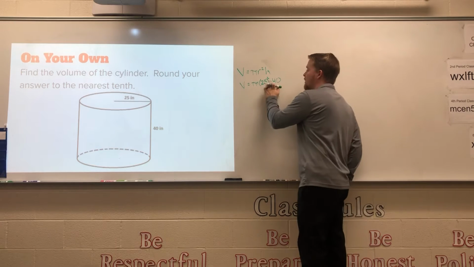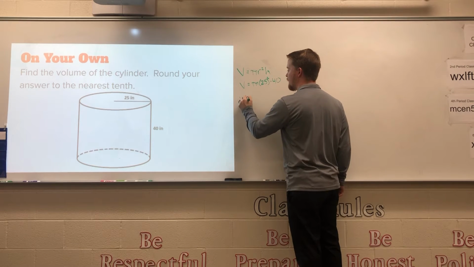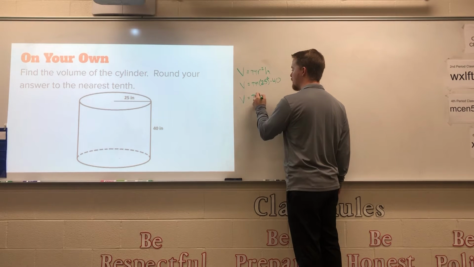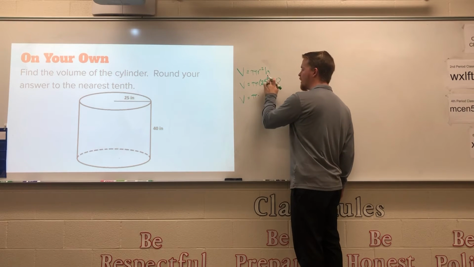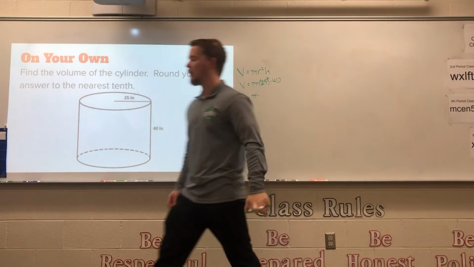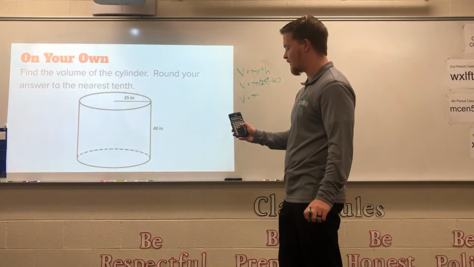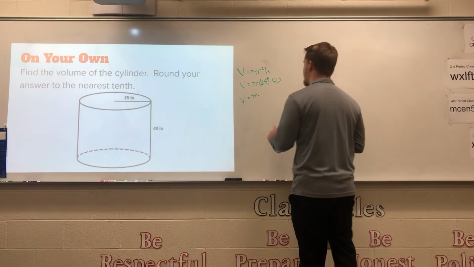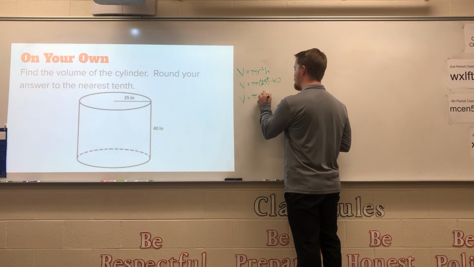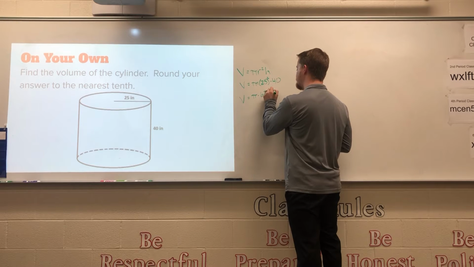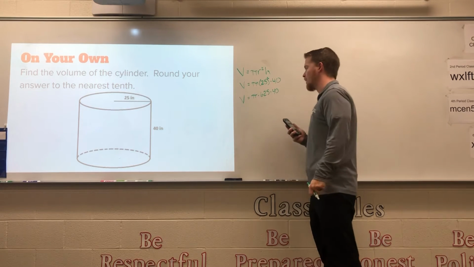I'm going to simplify my power of 2 first. So V equals pi times 25 to the 2nd power. You can use a calculator on that if you need to. 25, and you hit your 2nd power button, and that would be 625. And then bring down my multiply by 40.